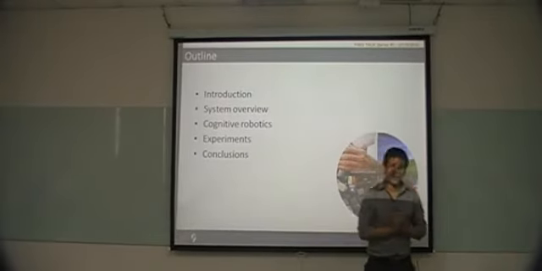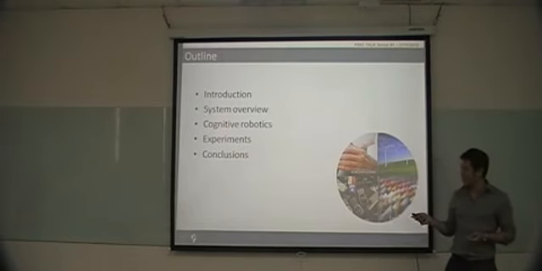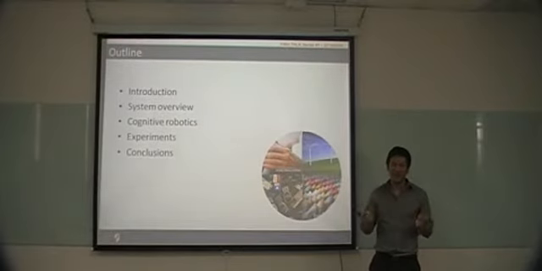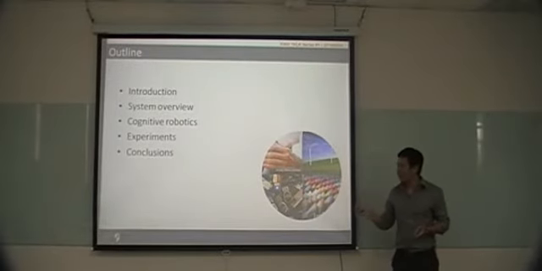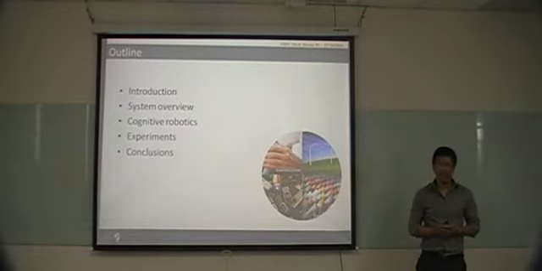Maybe not everyone is familiar with this keyword, but disassembly is something like the reversal of assembly. Assembly is putting parts and things together to make products, right? But disassembly is the other way around. So I'm going to show you some critical problems and how important they are.